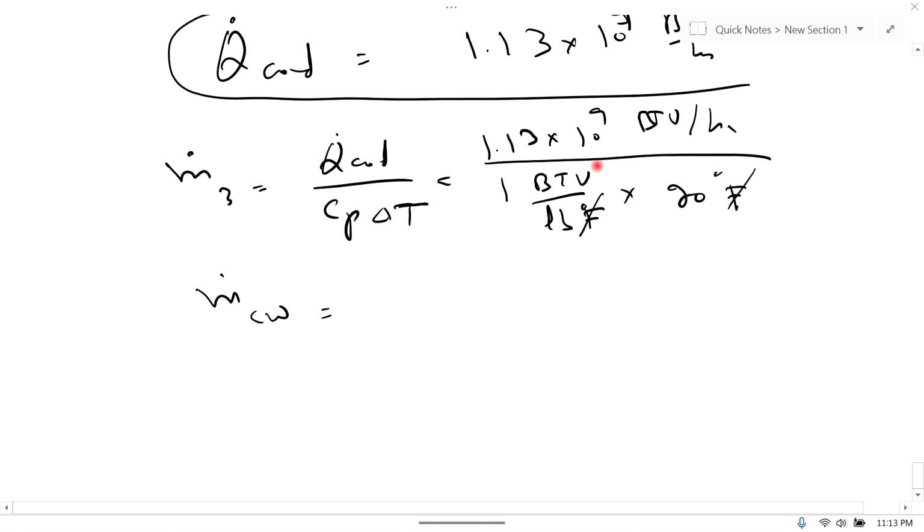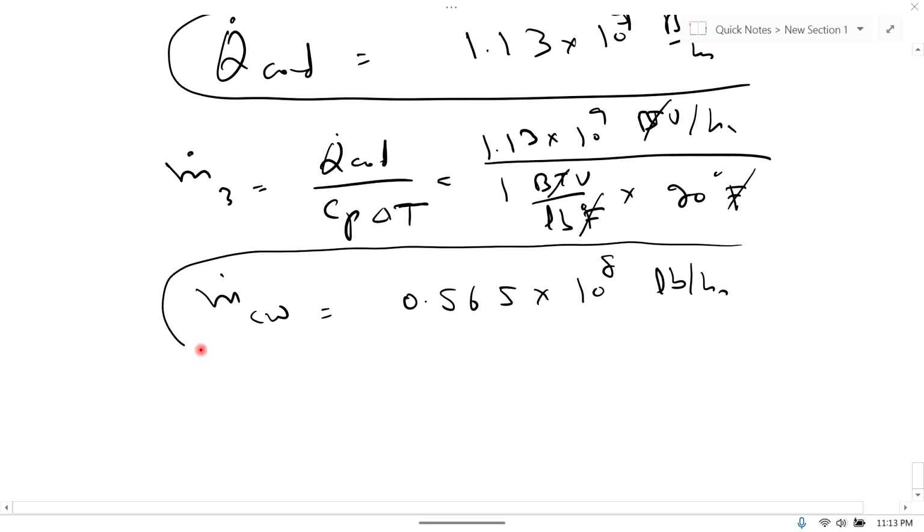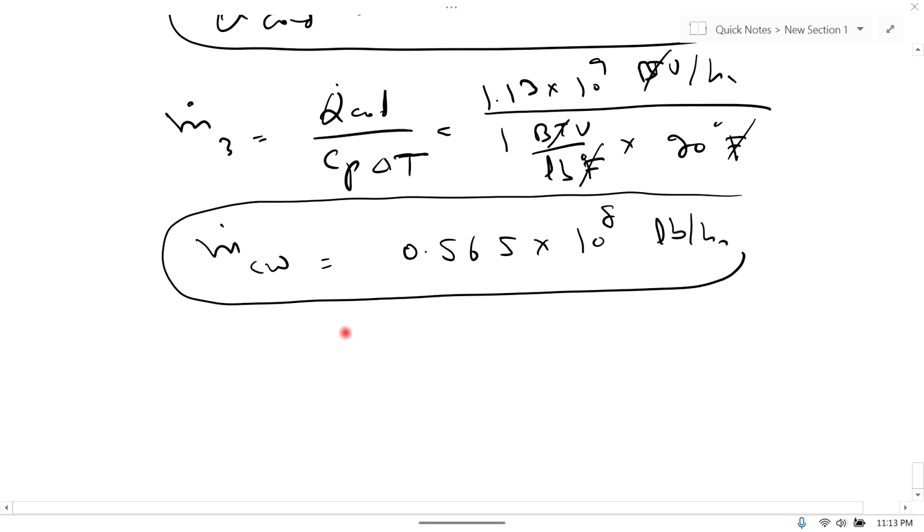This will be equal to 0.565 multiplied by 10 power 8 pound per hour. Sorry, pound per hour, BTU will be cancelled with BTU. This is the mass flow rate of cooling water in the condenser.